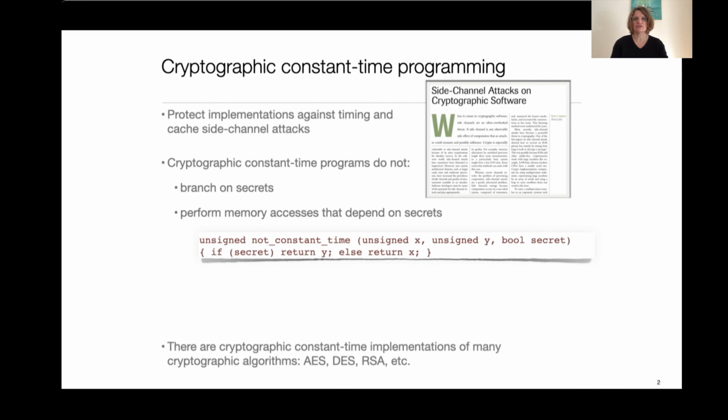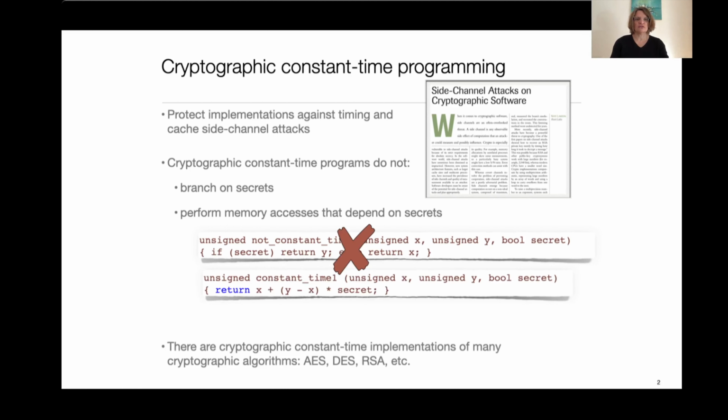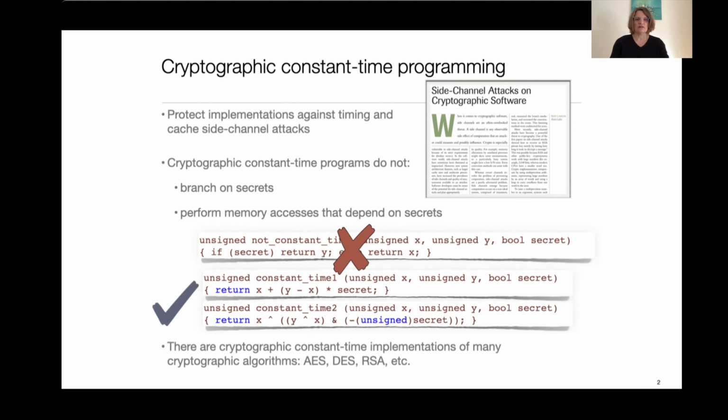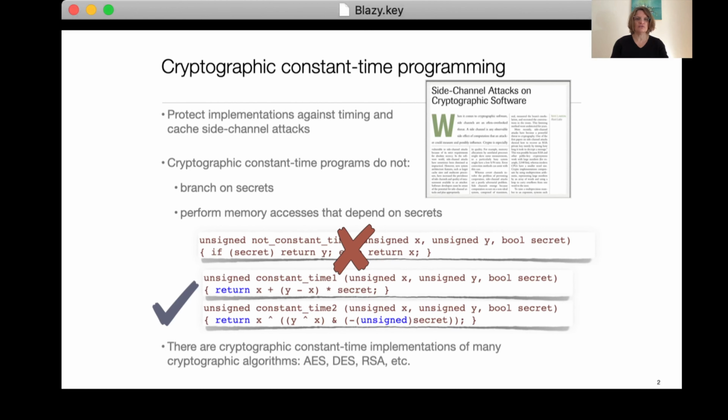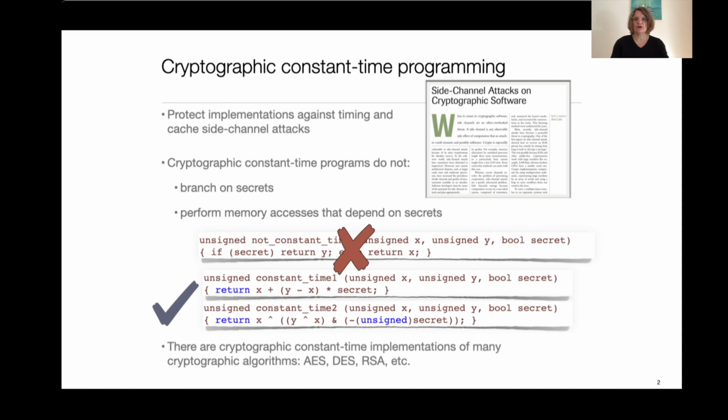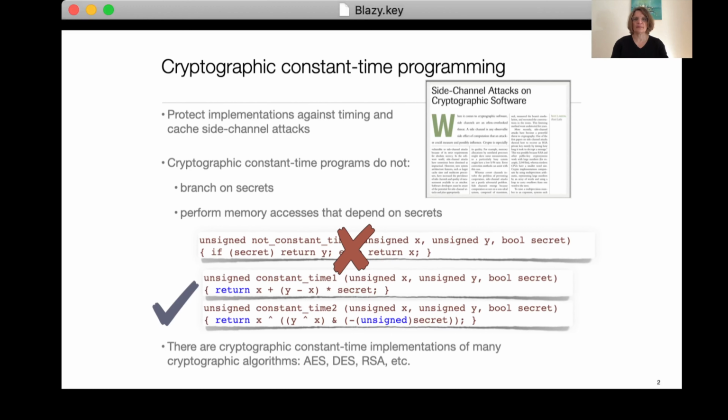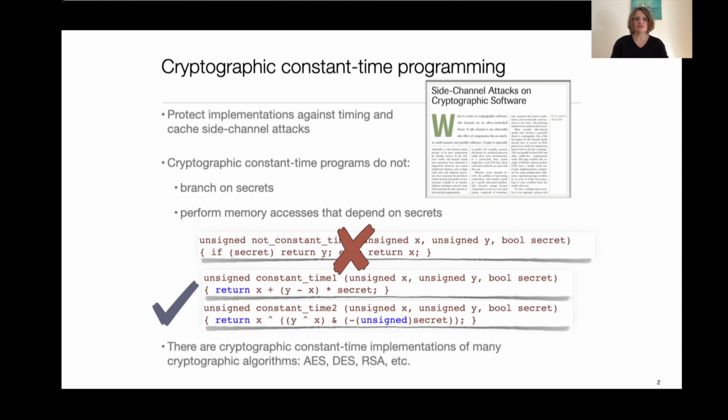So this function is not constant time. Instead of using this function, I will use another function. I could use any of these two functions, and I will choose the second one as it is more efficient because it uses bitwise operators. So this is a toy example, but in the literature, there are cryptographic constant time implementations of many cryptographic algorithms.